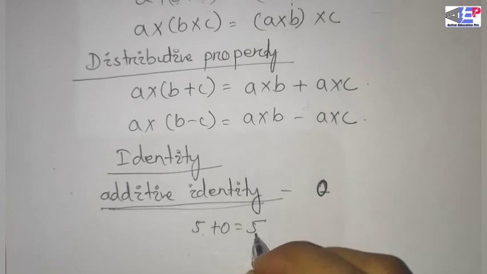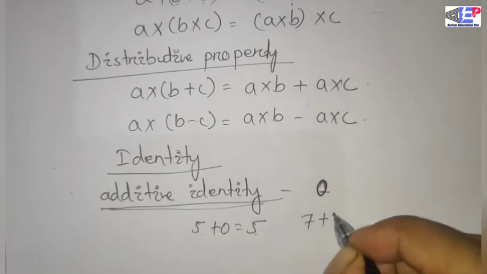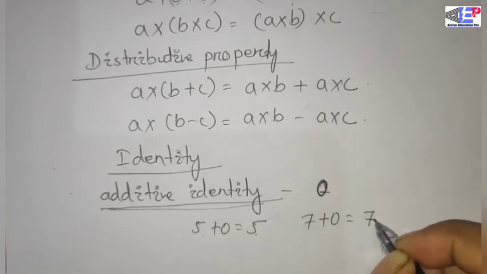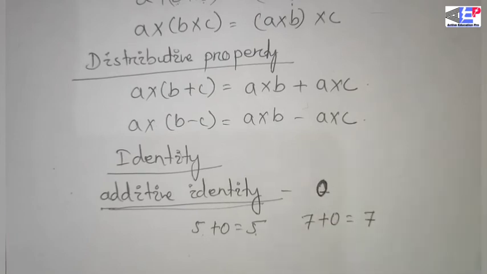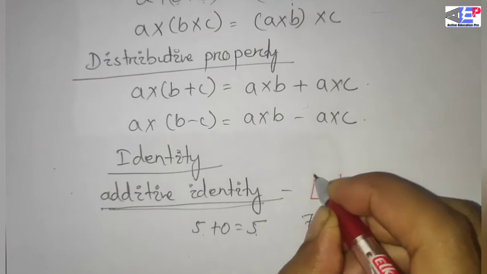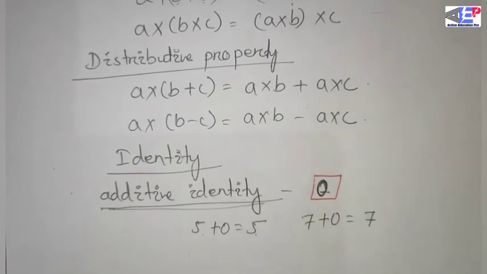If you add 7 with 0, we get the same number, 7. So 0 is the additive identity. When you add 0 to any number, the result will be the number itself. 5 plus 0 is 5, 7 plus 0 is 7. This is additive identity.